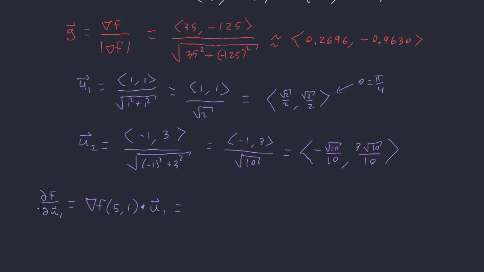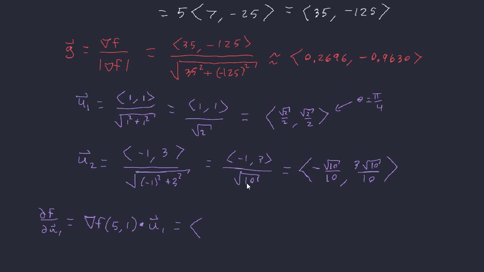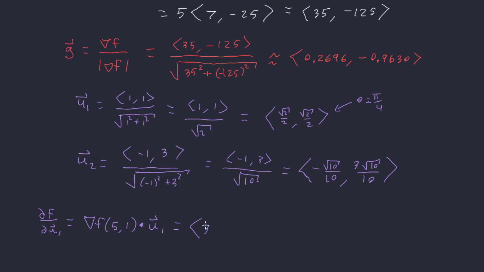Okay, so the directional derivative of f in the direction of u1: we take the gradient at 5, 1. So we're looking at this point. This is the pointwise thing. And then we're dotting it with the vector u1. So our gradient vector, you can kind of see it up there, is 35, comma, negative 125.